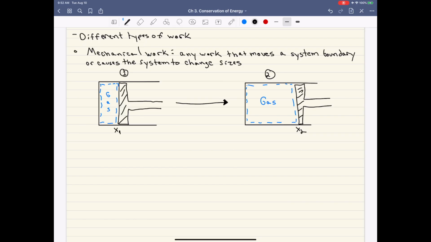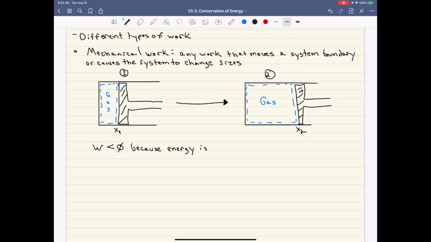Now, mechanical work occurred in this system, right? And so in order for the gas to push the piston away in order for it to expand, it needed to exert work onto the surroundings. And so as a result, in this scenario, the work is going to be negative, because by expanding, the gas had to transfer energy from itself, from the system, to the surroundings.